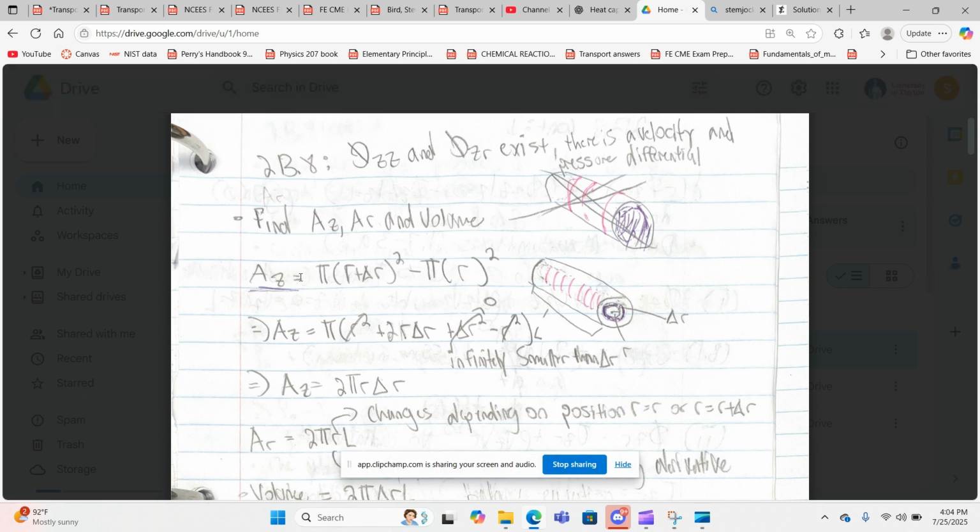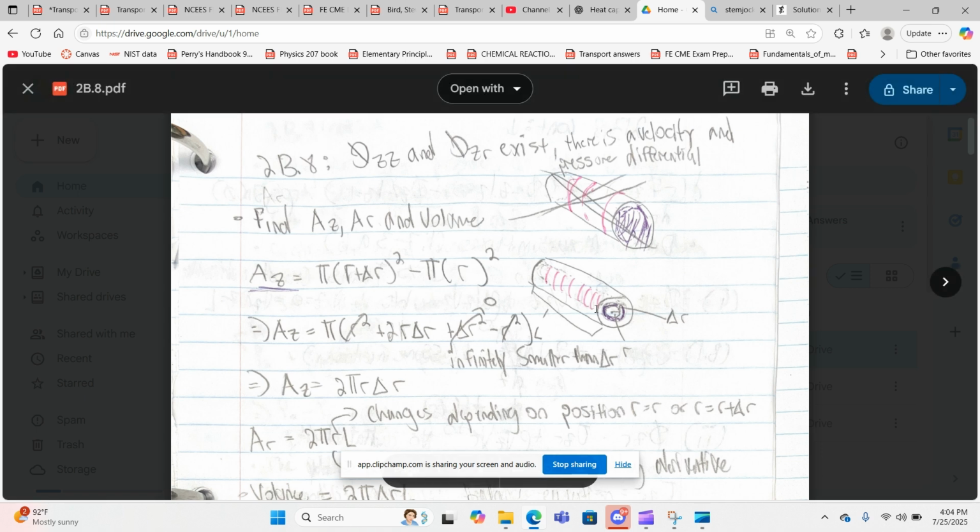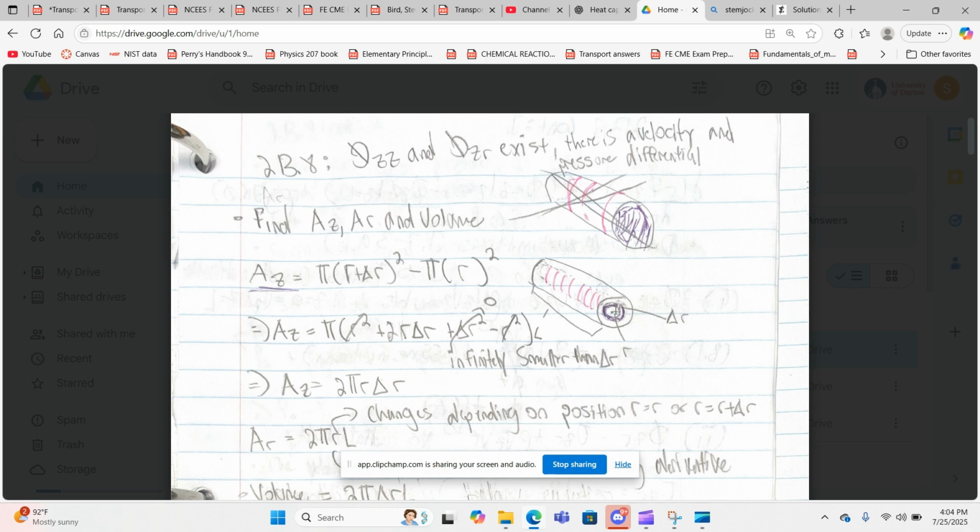So AZ is basically just going to be this big circle minus the smaller circle. Imagine the radius at the inner edge of the circle is R, and the radius at the outer edge of the circle is R plus delta R. To get this area, you take the larger circle and subtract the smaller circle that's within it.